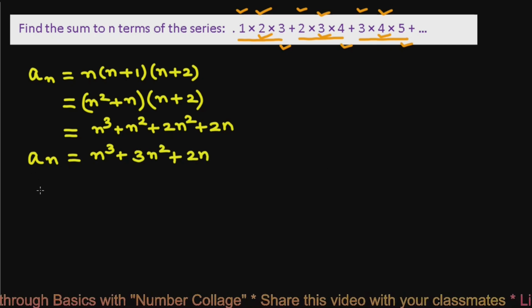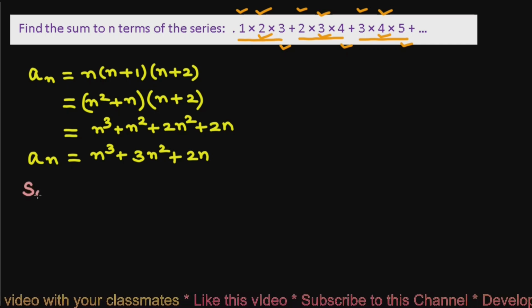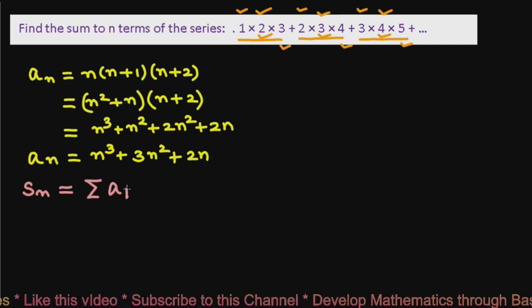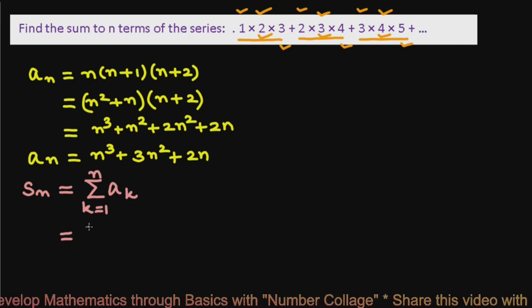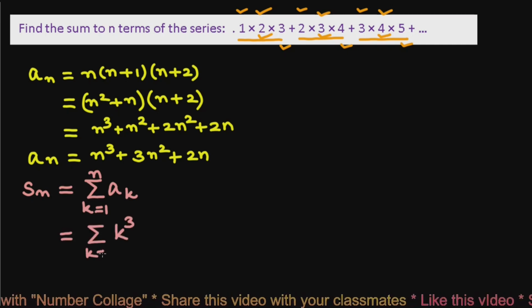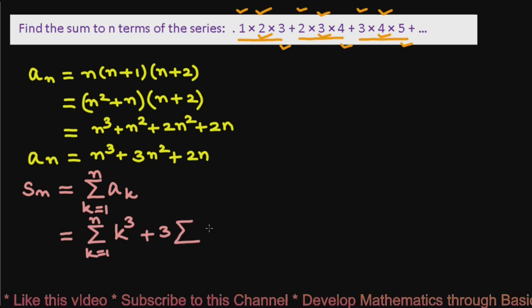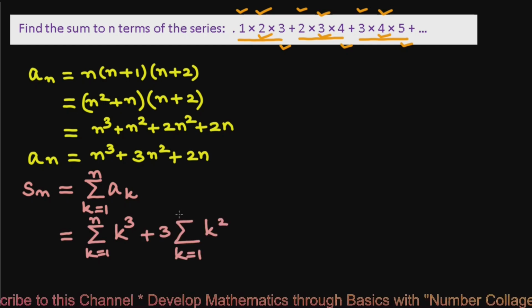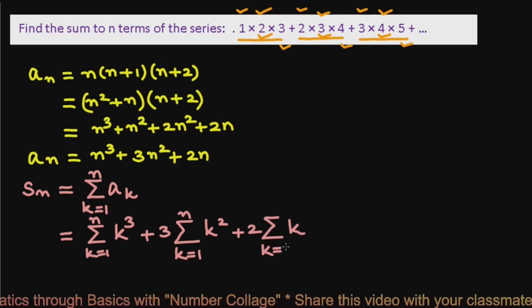The sum of the first n terms of the series can be written as Sn equals summation ak, where k runs from 1 to n, which will be summation k cube, k runs from 1 to n, plus 3 times summation k squared, k runs from 1 to n, plus 2 times summation k, k runs from 1 to n.